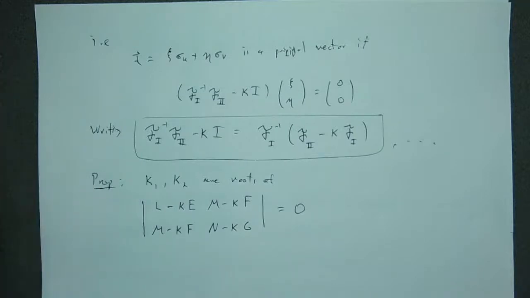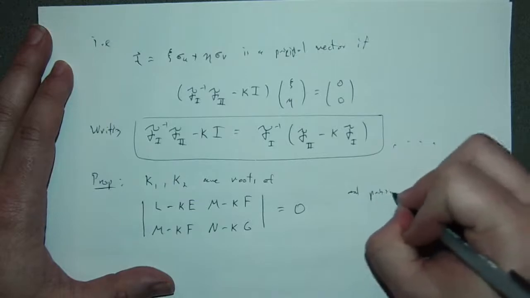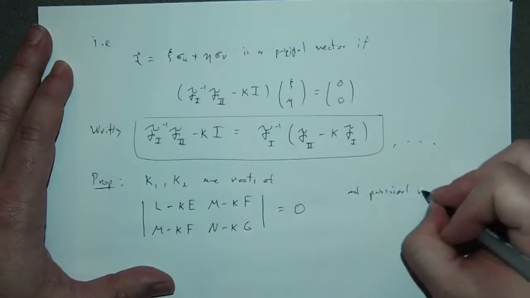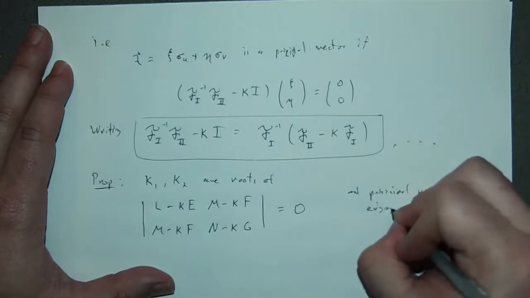And principal vectors corresponding to principal curvatures are exactly the tangent vectors you expect. Principal vectors are eigenvectors associated to them.